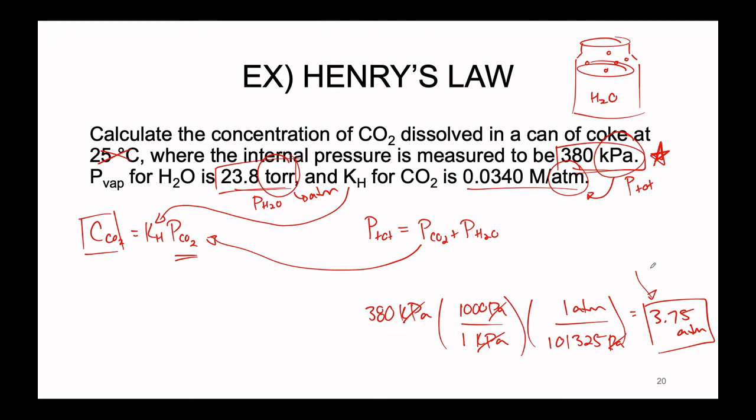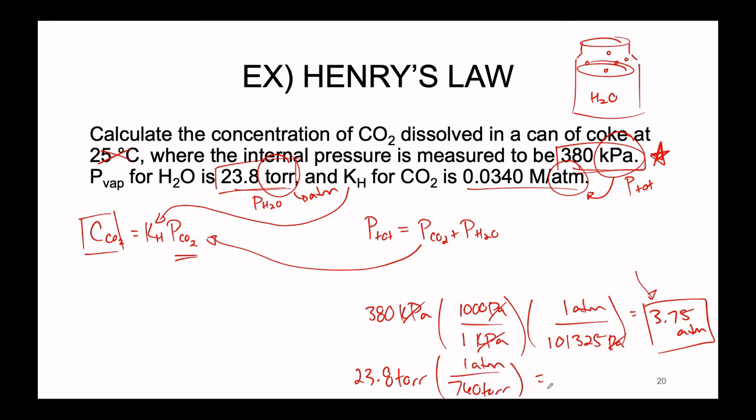All right, the second conversion we need to do is the pressure of the water, and I'm gonna insert that just down here. 23.8 torr is going to be converted also into atmospheres. We want to make sure all of our units are the same. So there are 760 torr per every 1 atmosphere.